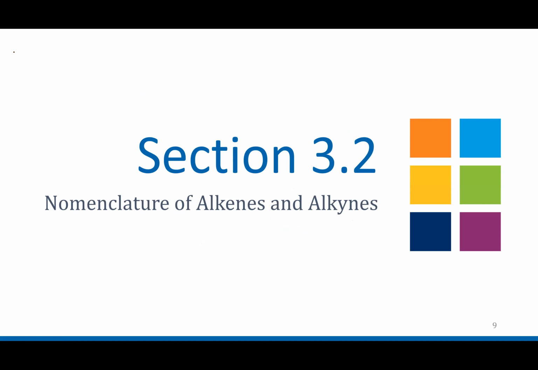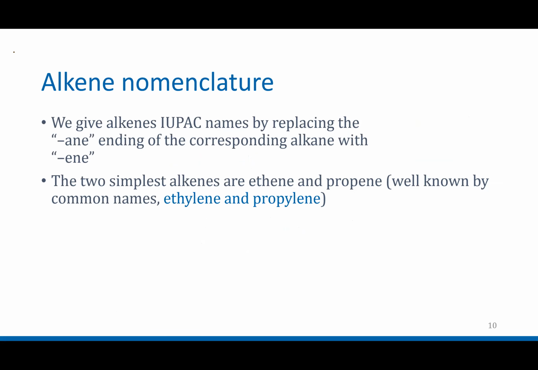So section 3.2, this is our longest section. This is obviously the naming. And honestly, the good part about this is you already know how to name most of these. The only trick is that you need to add one thing. You need to tell me that it's an alkene and tell me where the double bond is.